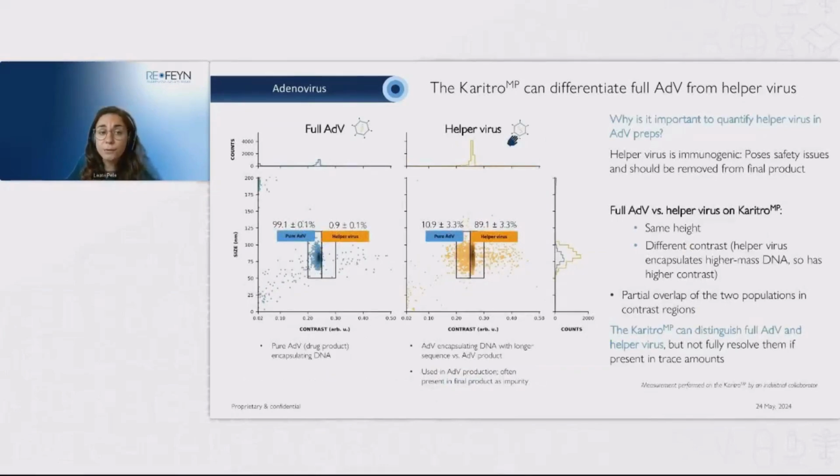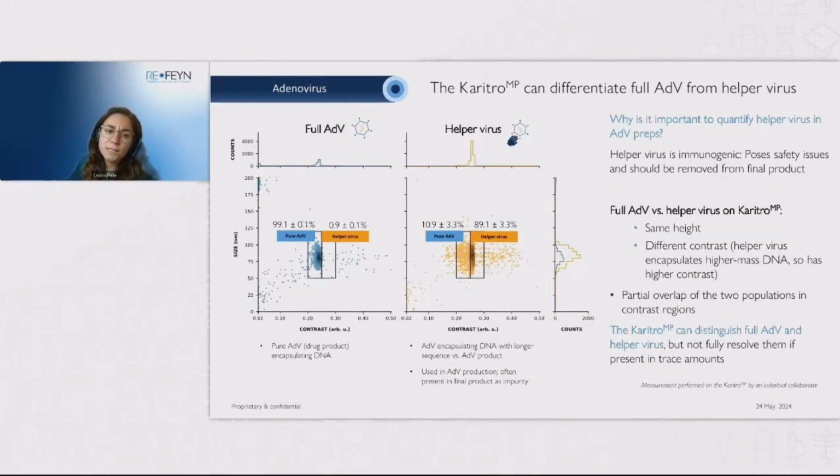Also here, I would like to show you how the Karitro can differentiate full adenovirus from the presence of helper virus. It is quite important to quantify the helper virus in adenovirus preps because the helper virus is immunogenic, so it poses safety issues, and therefore it should be quantified and removed in the final product.